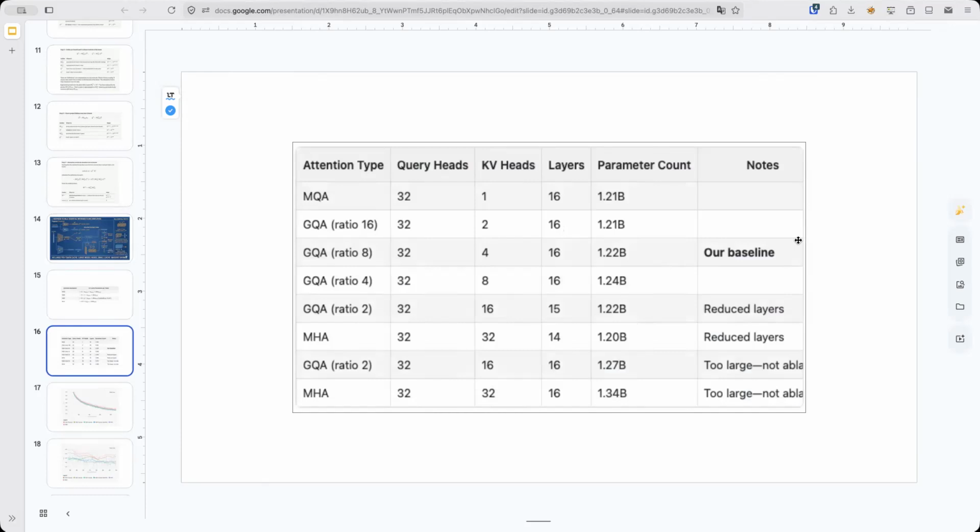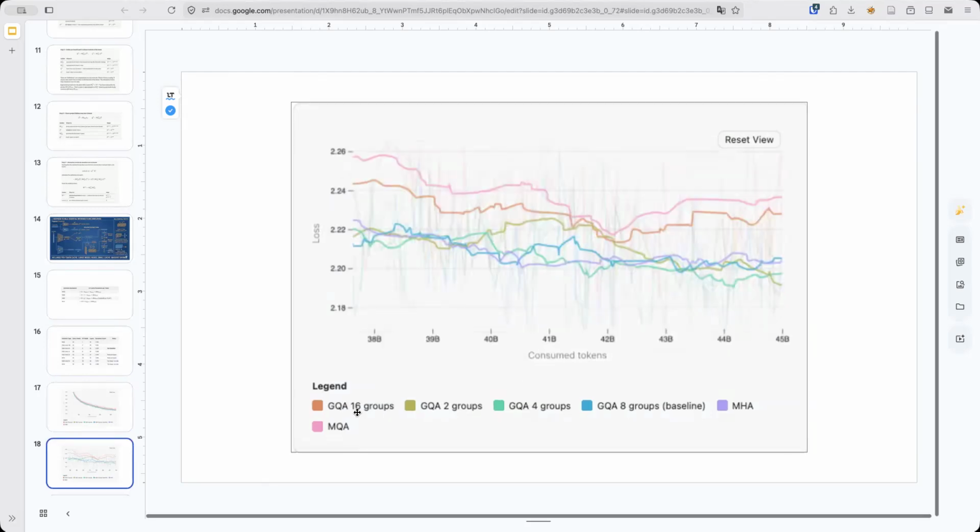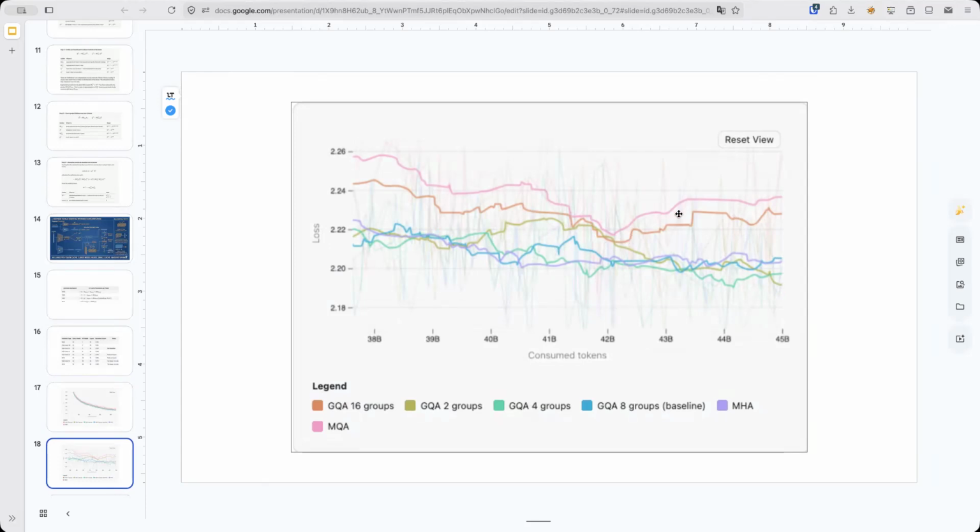They divide 32 by 16. Now it makes sense. So basically, GQA 16 groups means that we have only, I think it's just a kind of confusing annotation. So it's actually two groups. Each one of them has 16 heads combined. And now it makes much more sense.